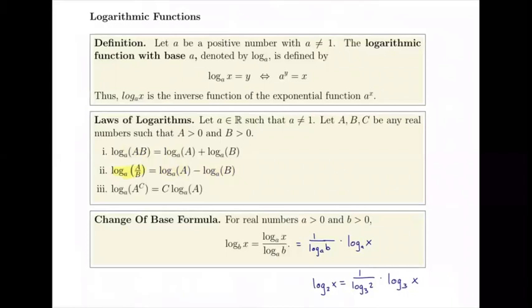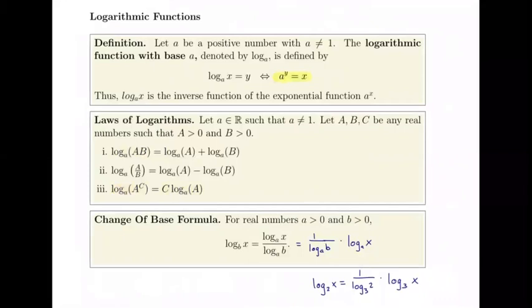And then log a of a to the c is equal to c times log a of a. Right? This is that power rule that lets us bring down an exponent inside the logarithm as a multiple of the logarithm. Now, most of these are really nicely proven basically through the exponential definition of the logarithm.